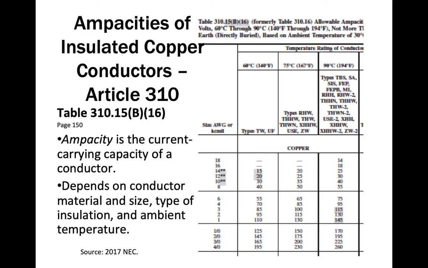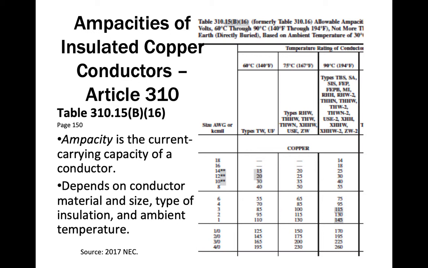The next column over shows me the ampacity of a conductor if it only has an insulative jacket that's rated for 60 degrees C, the lowest rating. The third column is 75 degrees C, so it's medium range of ampacity. So this conductor can handle up to 75 degrees C temperatures, the electrons running through the conductor generating heat, and this insulative jacket can only radiate so much heat out.